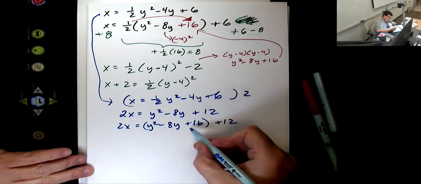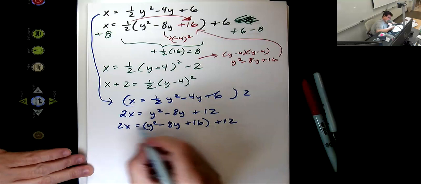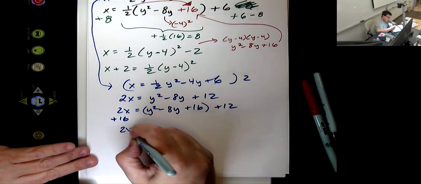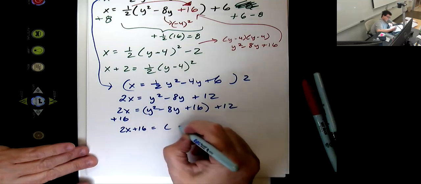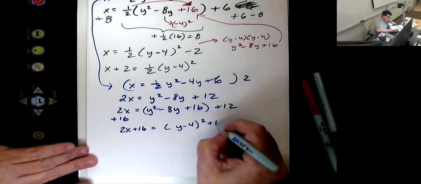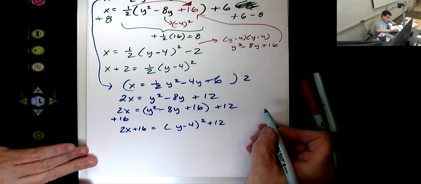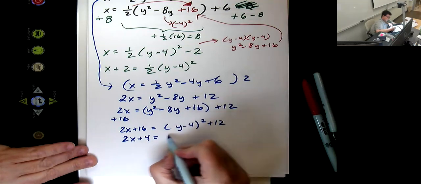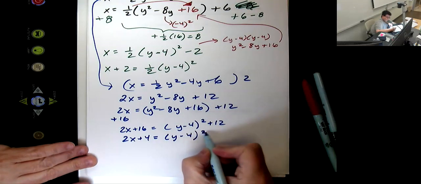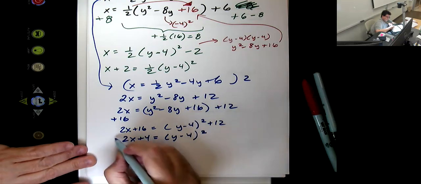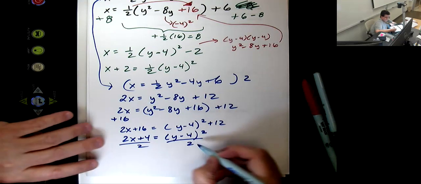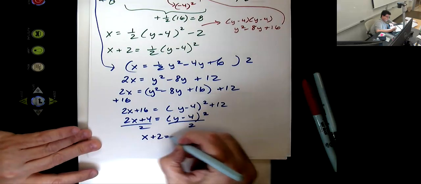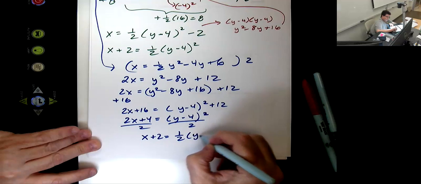And we add 16, so I'll add 16 over here. So 2x plus 16 equals (y minus 4) squared plus 12. Subtract the 12 over. And then divide both sides by 2. We don't want x to have a number in front of it. So x plus 2 equals 1/2 (y minus 4) squared.